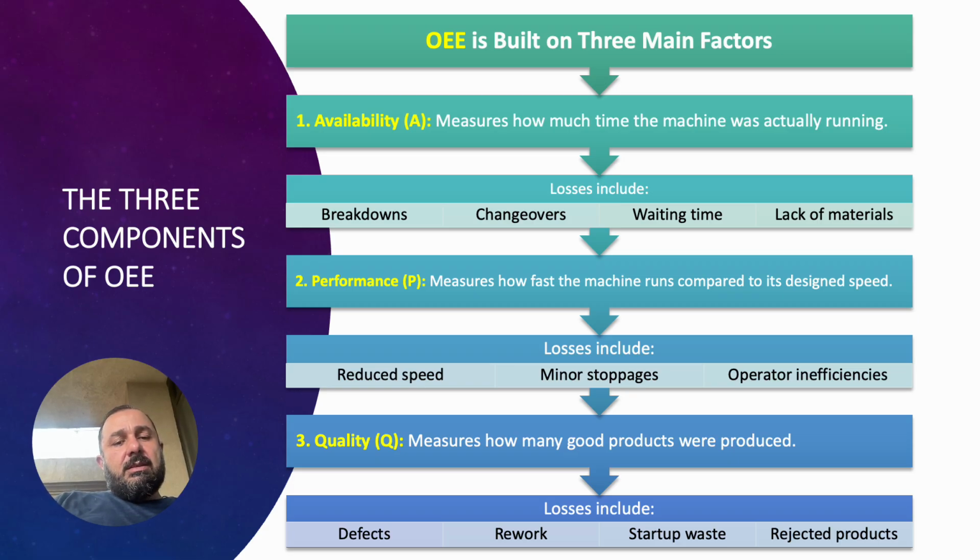The performance factor measures how fast your machine runs compared to the designed speed. If I bought a line, and after experimenting they told me this line speed gives us 100 units per minute, or 100 units per hour or whatever, how much are we achieving or hitting of that target of 100 units per minute?